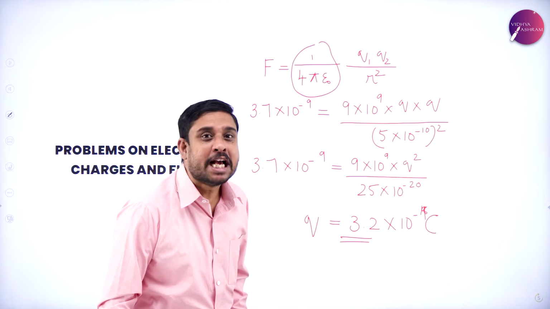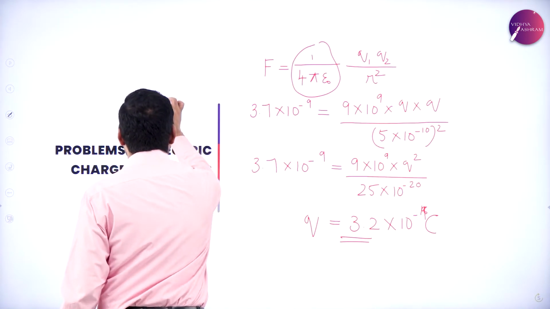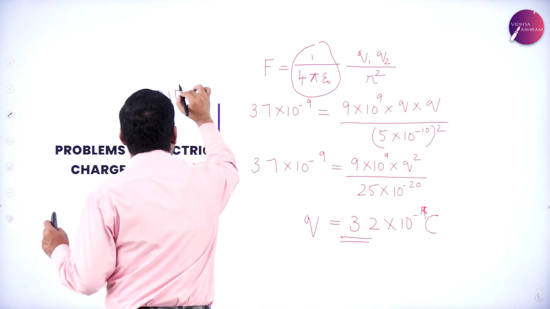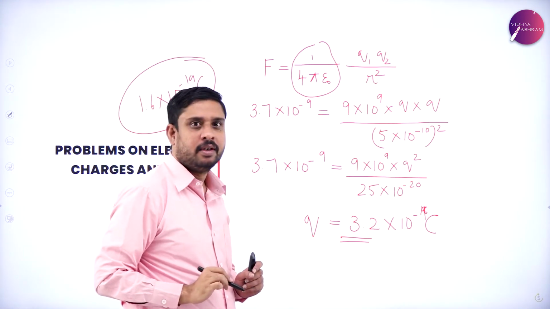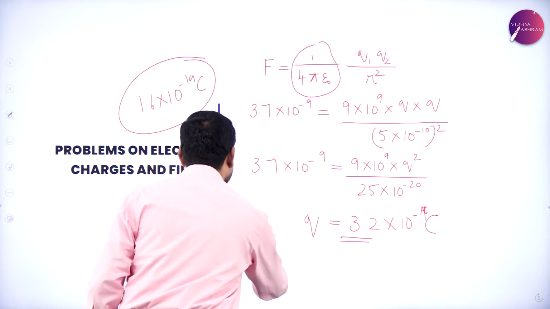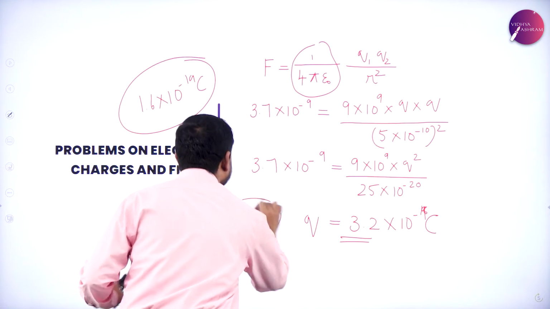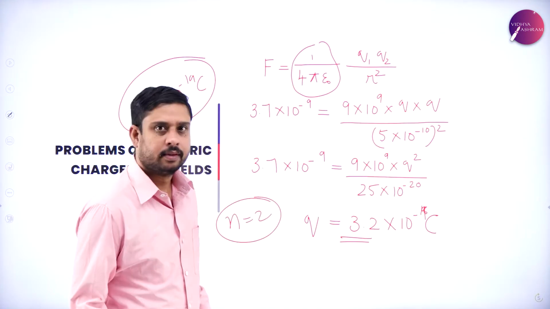Now, how many ions are missing? The charge of the electron is 1.6 into 10 power minus 19 Coulomb. If you observe, this is twice that. So the number of ions missing is equal to 2. Next one.